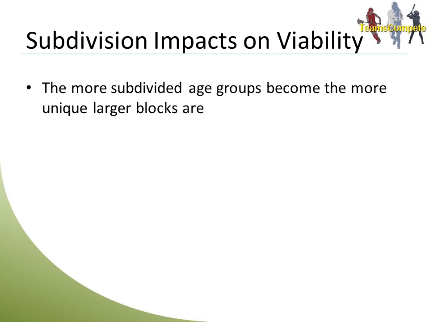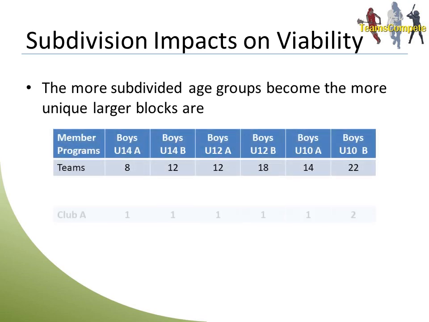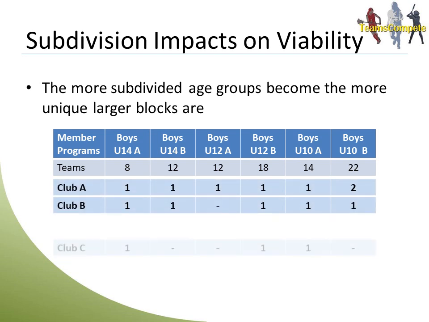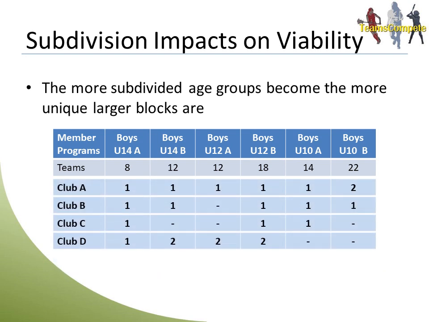So let's look at this situation a little bit closer using the table from the prior slide. Let's divide the divisions that were there into divisions that have A and B strength divisions. Let's further assume that the subdivisions cannot cross. In other words, a U14A team cannot play a U14B team during the season. So let's look at a couple of variations of the potential block.